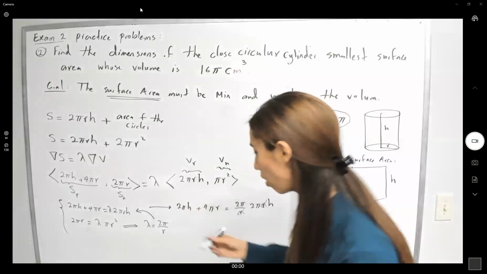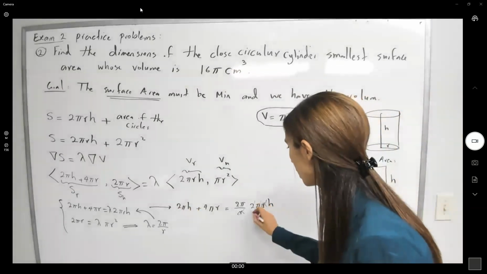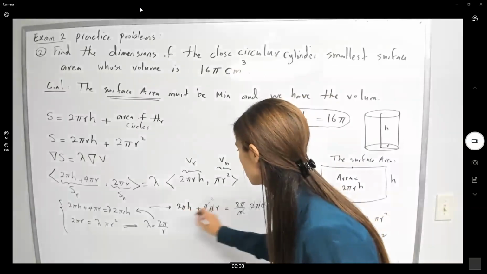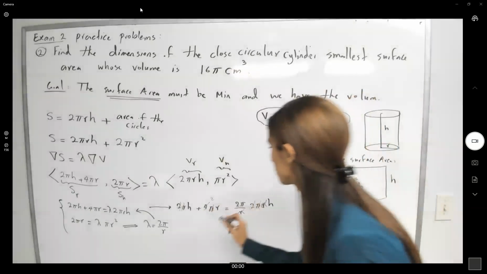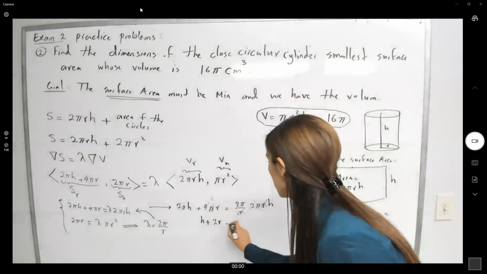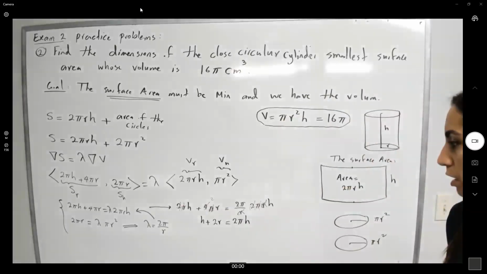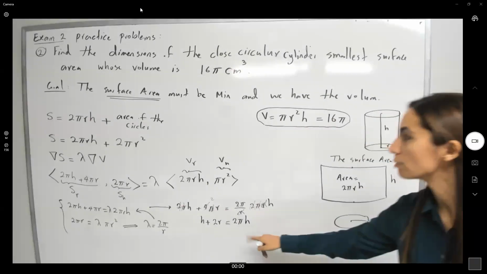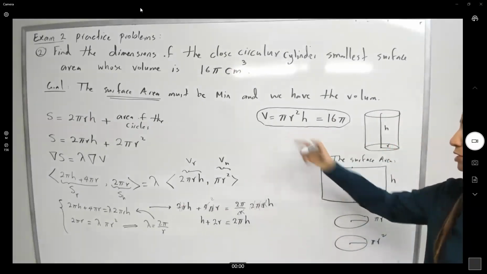You can cancel out pi here. You get h plus 2r equals 2 pi times h. Well, here you can write r in terms of h and use your relation that you have between r and h.